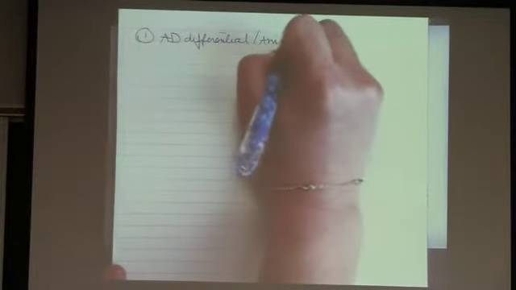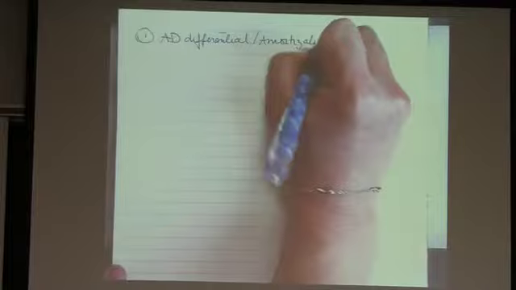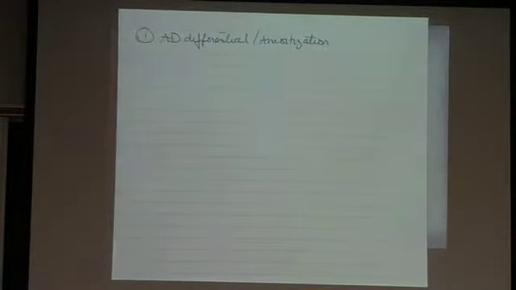So the first part is we were given the acquisition differential, the AD, and amortization. In this case, we didn't have to really do the purchase price analysis because it's given to us already.